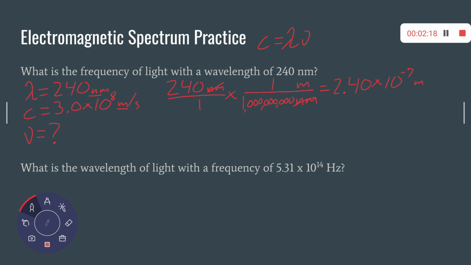Now I can go back to my equation. c equals lambda in meters times my frequency. How do I isolate my frequency variable? I divide both sides by my wavelength.